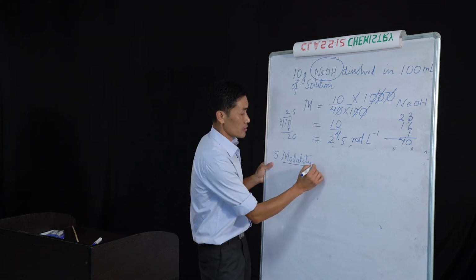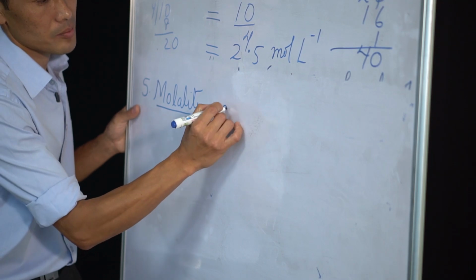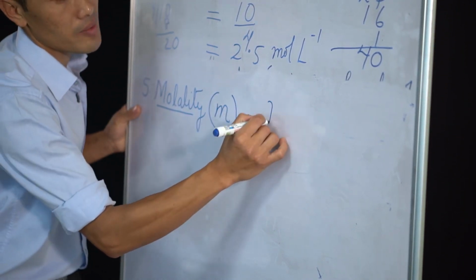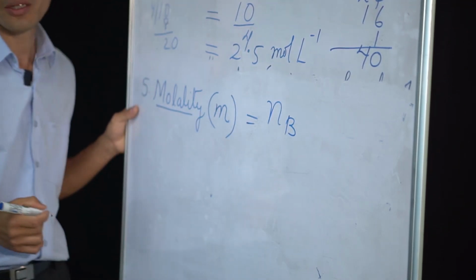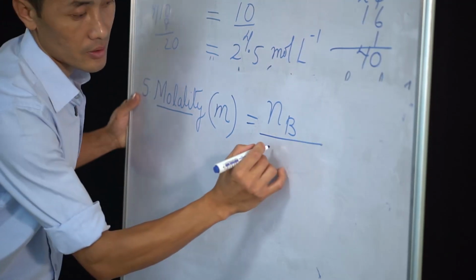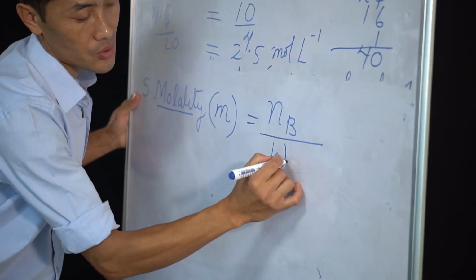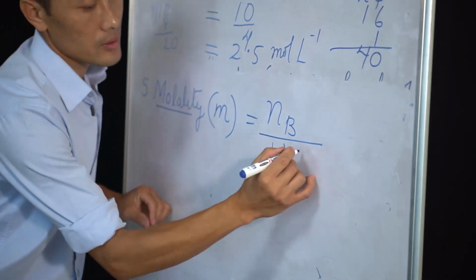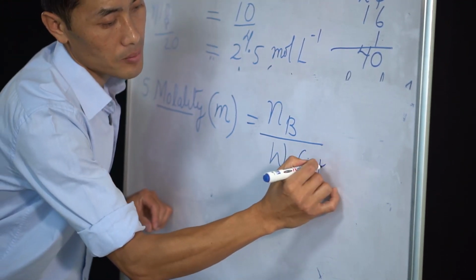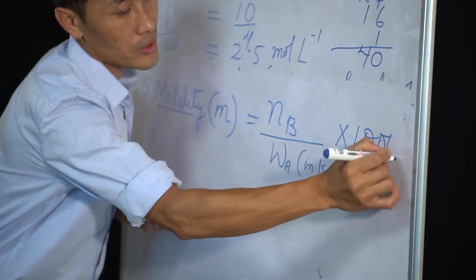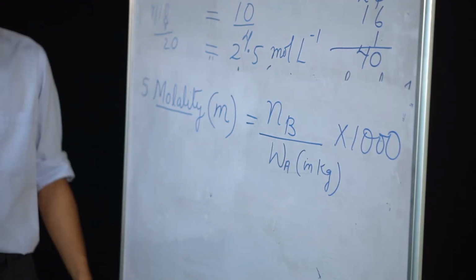So molality, which is expressed by this small m, will be given by number of moles of the solute divided by mass of the solvent. Just write WA. For that, this should be in kilograms. And this whole is multiplied by 1000.